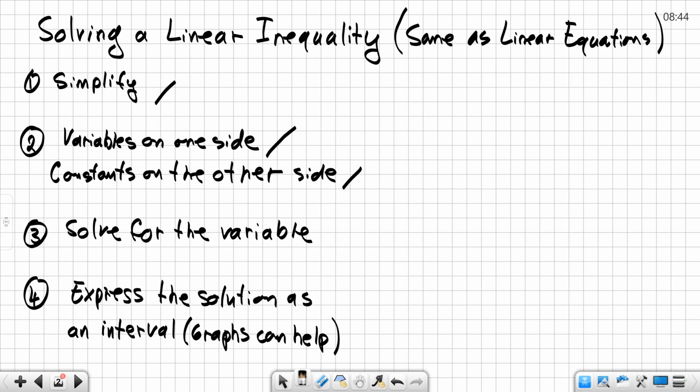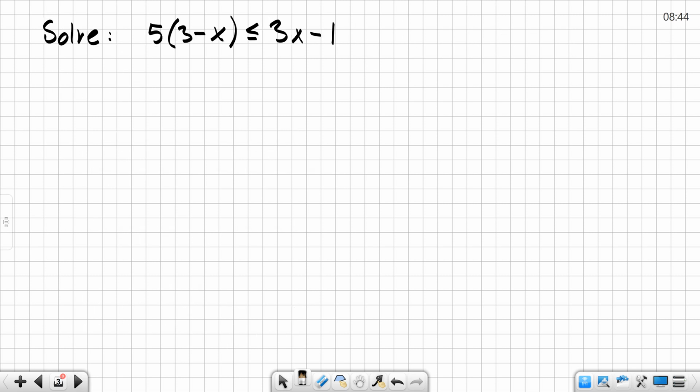After that, we solve for the variable. This means we multiply or divide by the coefficient. And last, we can express the solution as an interval. Here sometimes graphs can help. So let's go ahead and do one.